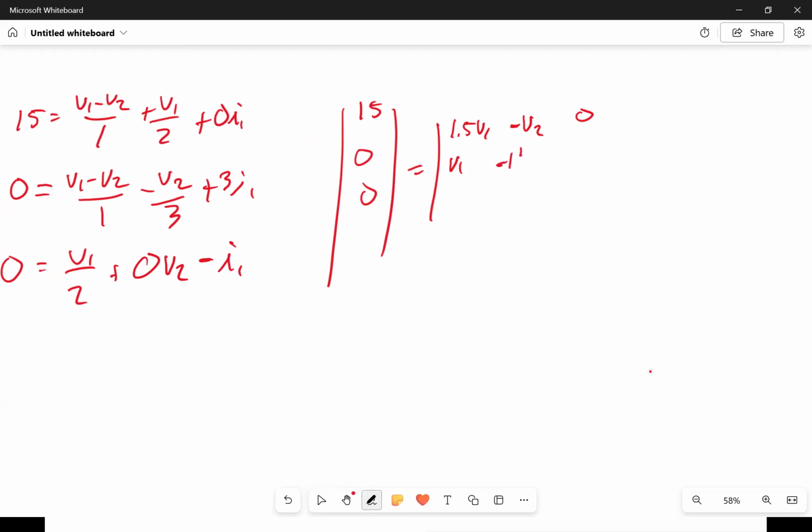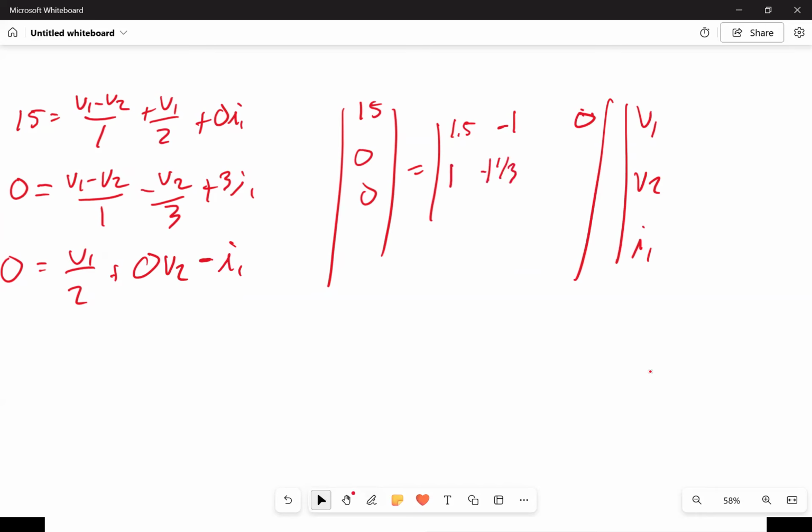Actually, I'm making it harder than I need to. Let's move the variables out here: V1, V2, I1. The first row is 1.5, minus 1, 0. The second is 1, minus 1 1/3, 3. The last is 1/2, 0, minus 1. And that's doing it the quicker way.